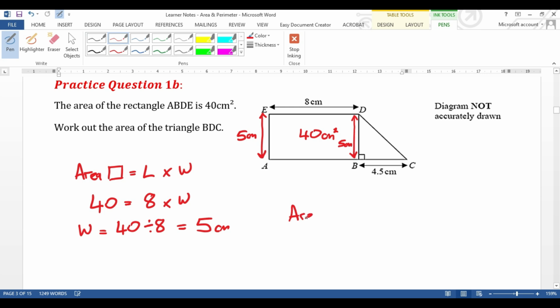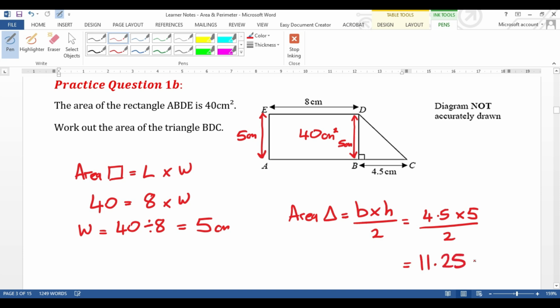And now we can work out area of the triangle, which is base times height divided by 2. So that's 4.5 times 5, and we'll have to halve our answer. That gives me 4.5 times by 5 divided by 2, 11.25.